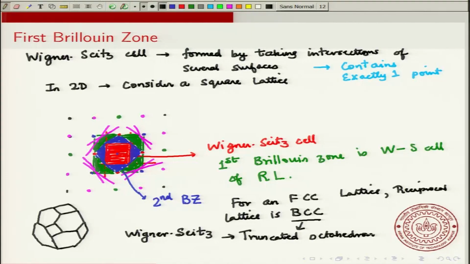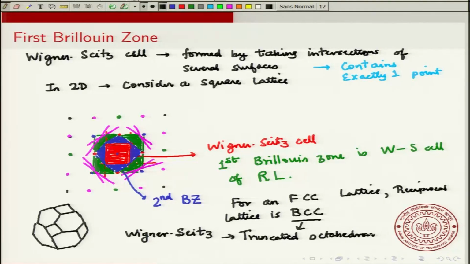So, I am just showing it approximately, but it looks like this object, which is a 3-dimensional ball. It is like an octahedron, but you chop off the sides using this kind of piece, and you get a truncated octahedron, which is the Wigner Seitz cell of a BCC. So, if you take a cell of this shape and just take it around any atom in a BCC, if you keep repeating that, you will fill up the space. So the unit cell for this BCC is actually quite complicated.